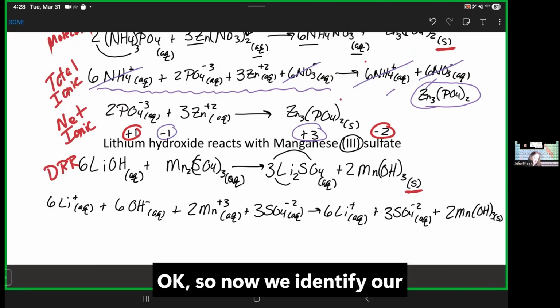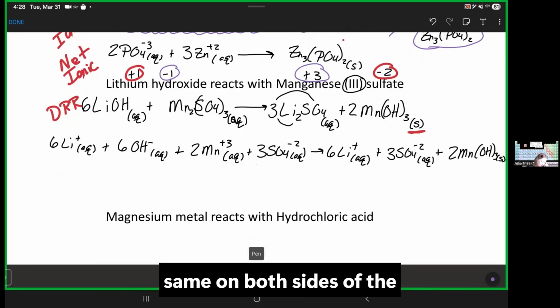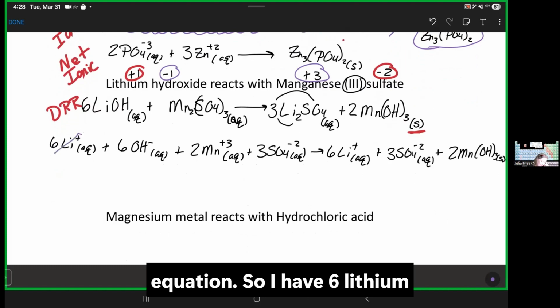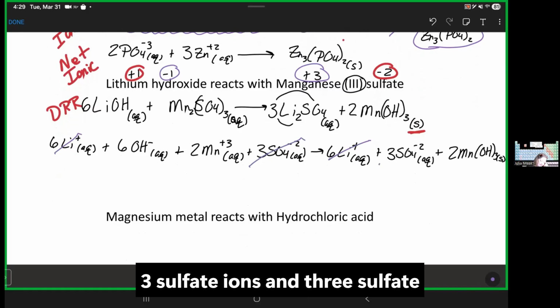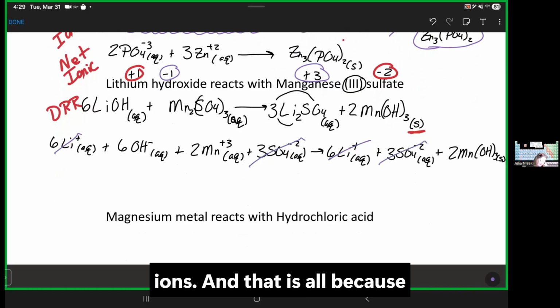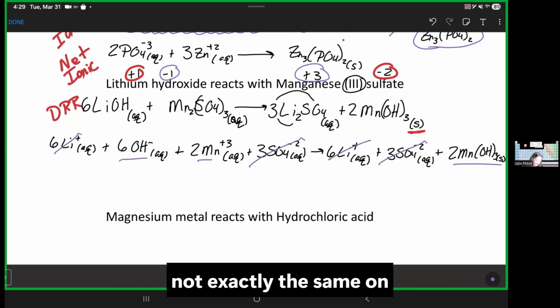Now we identify our spectators, things that are exactly the same on both sides of the equation. I have 6 lithium ions and 6 lithium ions, 3 sulfate ions and 3 sulfate ions. That is all, because my hydroxide and manganese are not exactly the same on the other side.